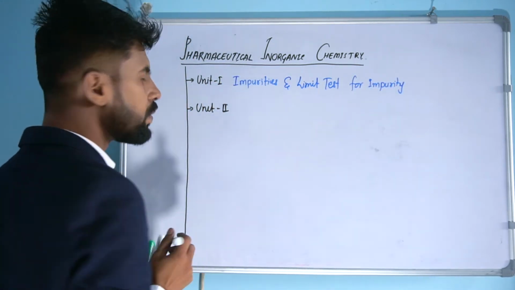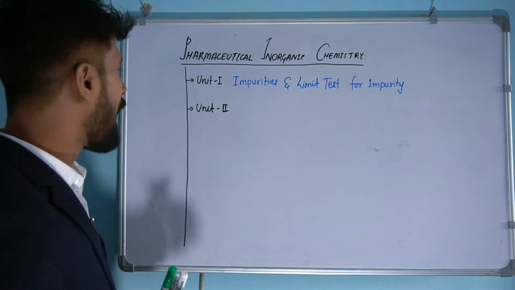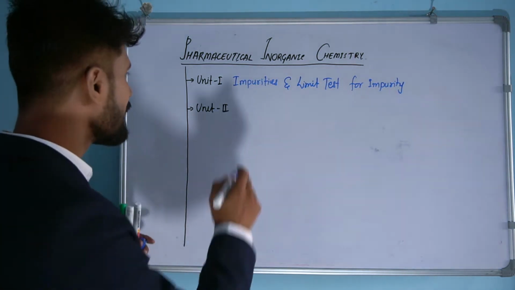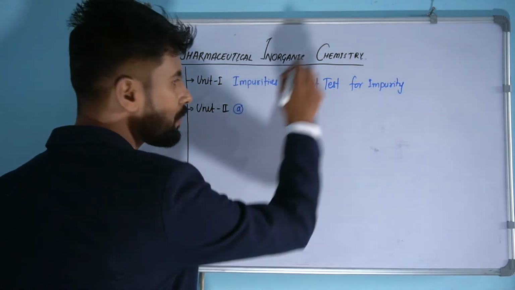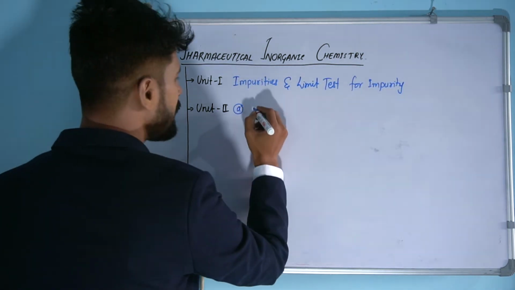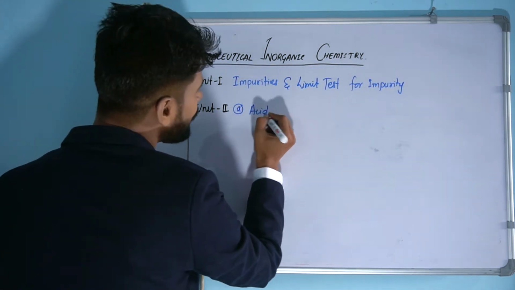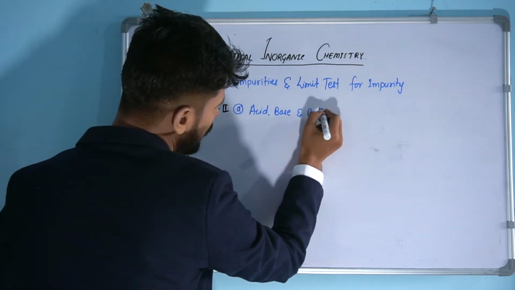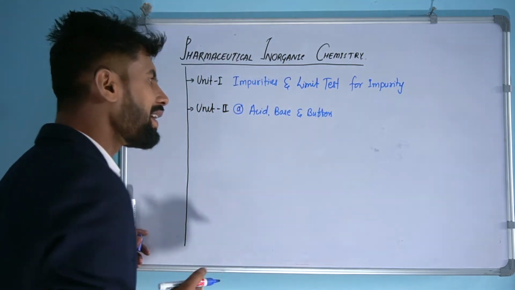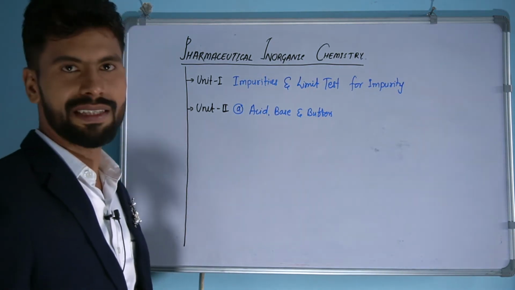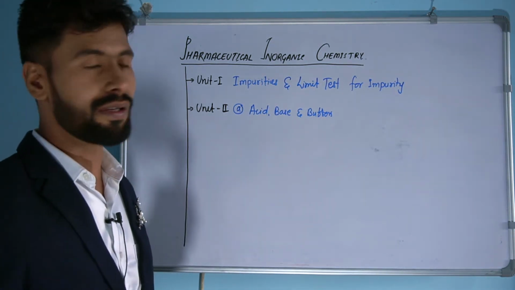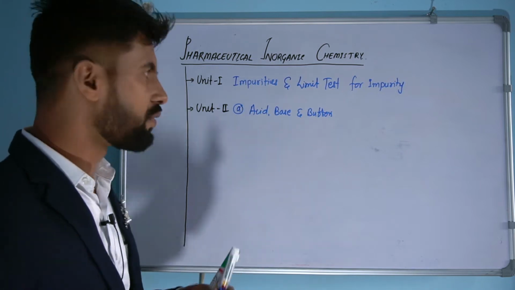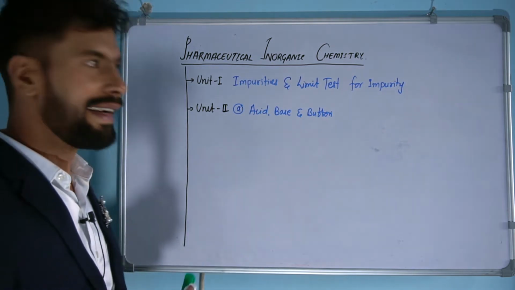Coming to unit 2, it has 3 chapters. In the first chapter we are going to study acids, bases and buffers. You have already studied acids, bases and buffers in your 10th, 11th and 12th, but here we will discuss them in detail.